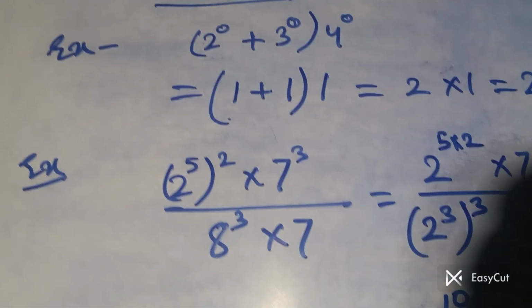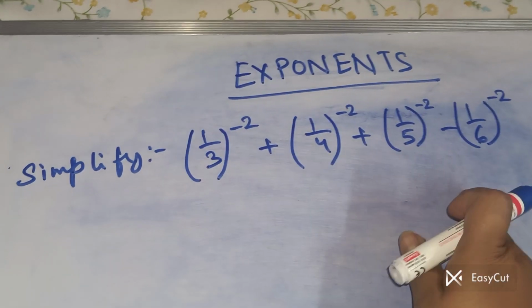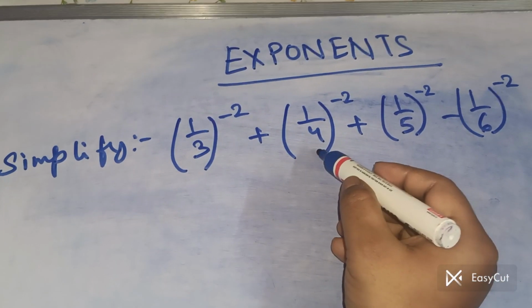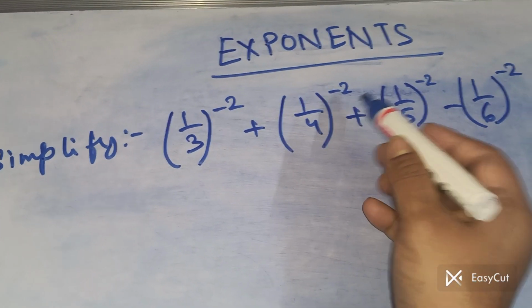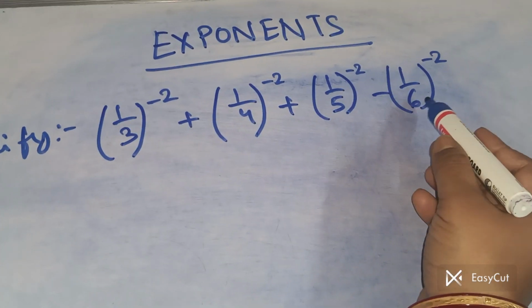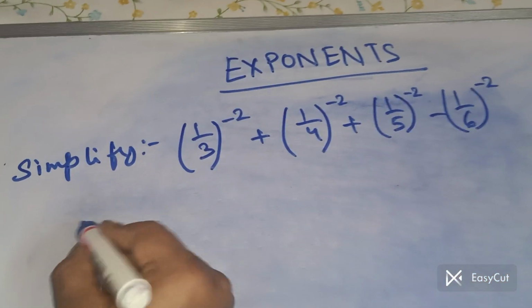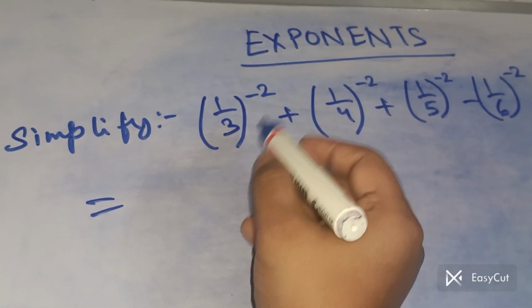I am solving a few more examples. Let us see another example. 1 by 3 to the power minus 2, 1 by 4 to the power minus 2, plus 1 by 5 to the power minus 2 and minus 1 by 6 to the power minus 2. Now to simplify this, first see 1 by 3 to the power minus 2.